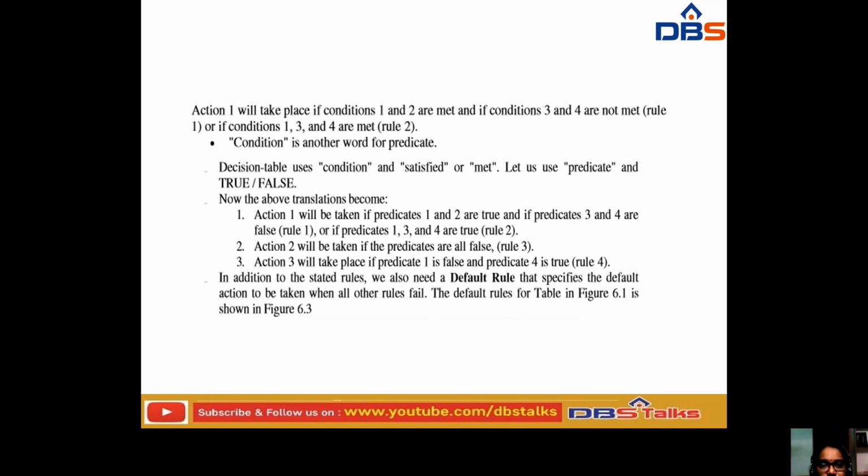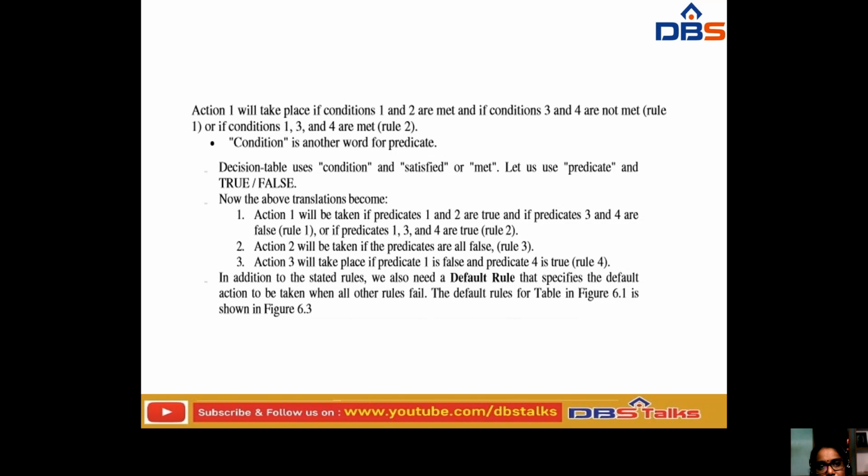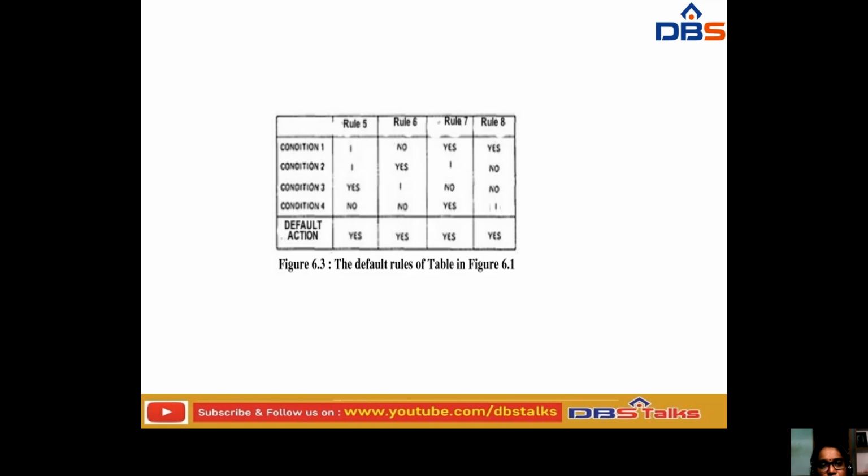So here, in addition to the stated rules, we also need a default rule that specifies the default action to be taken when all the other rules fail. The default rule for table 6.1 is shown in figure 6.3.